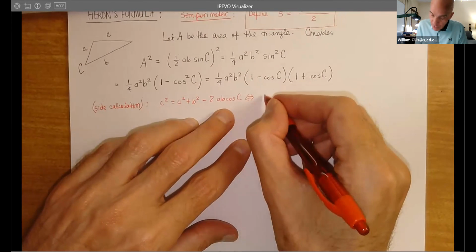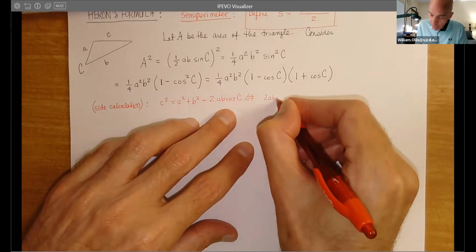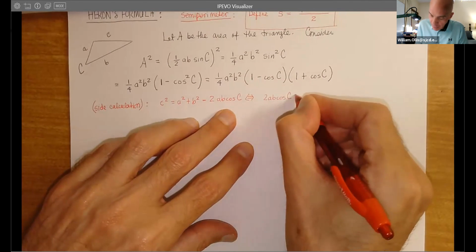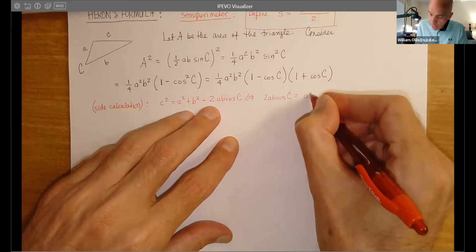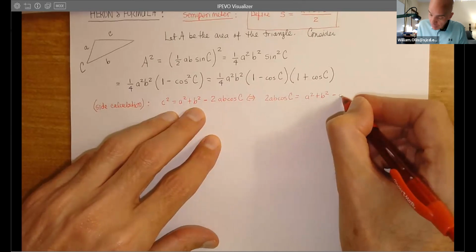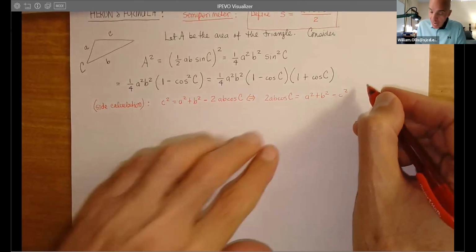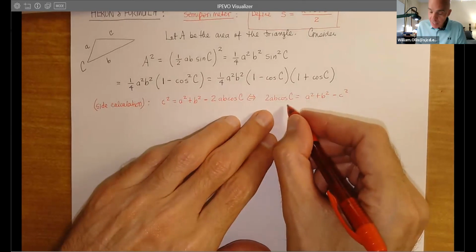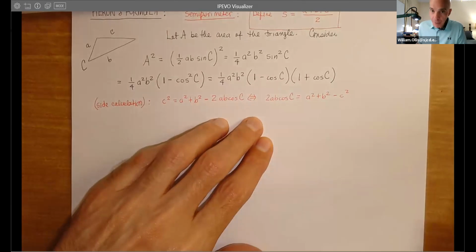So this will give us 2AB cosine C equals A squared plus B squared minus C squared. And now we can actually solve for cosine C if we divide by 2AB.